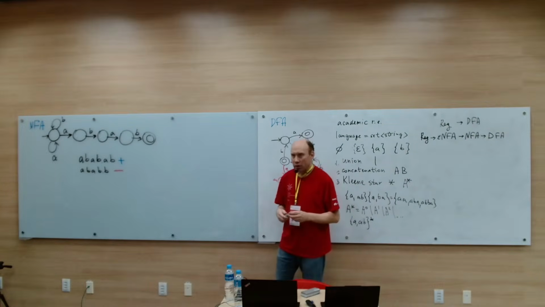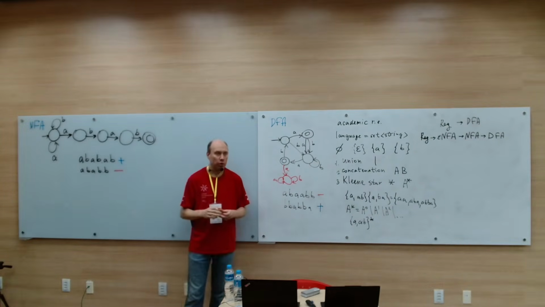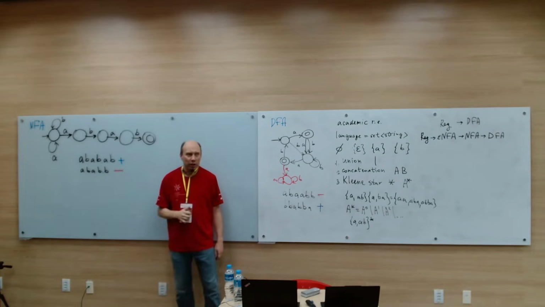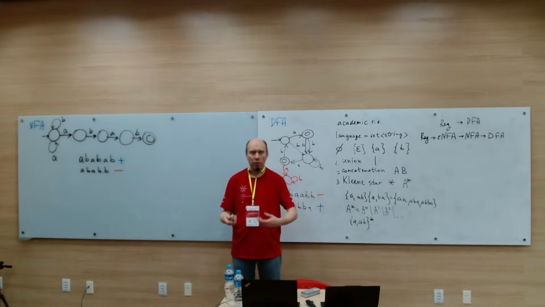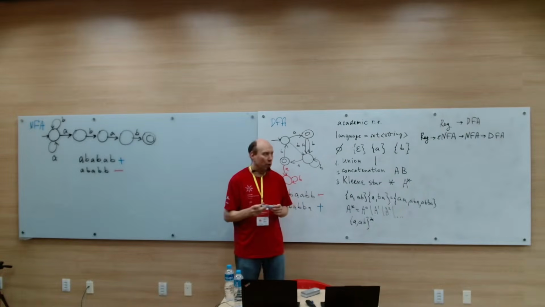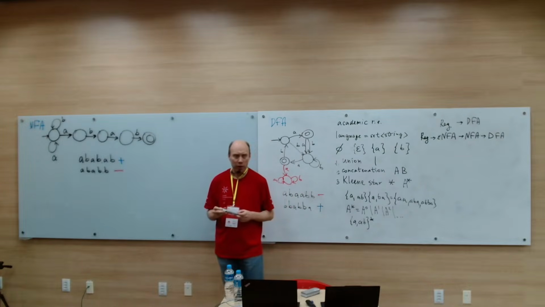In general, if you study computer science, you might have heard about non-deterministic things, not only in the context of automatons, but also in the context of programming, Turing machines, and NP, non-deterministic polynomial time complexity class.